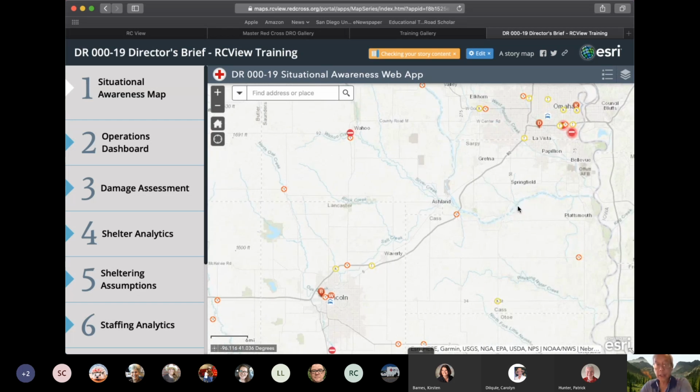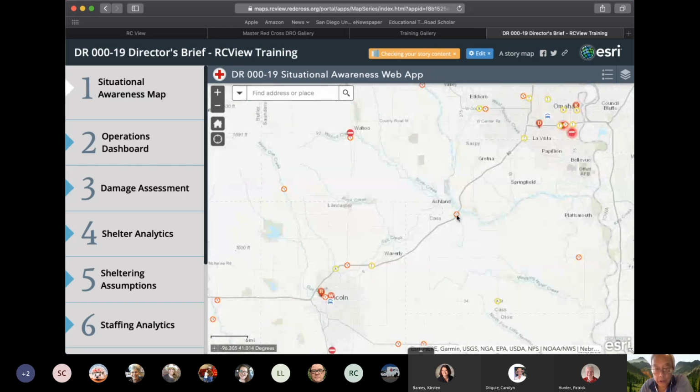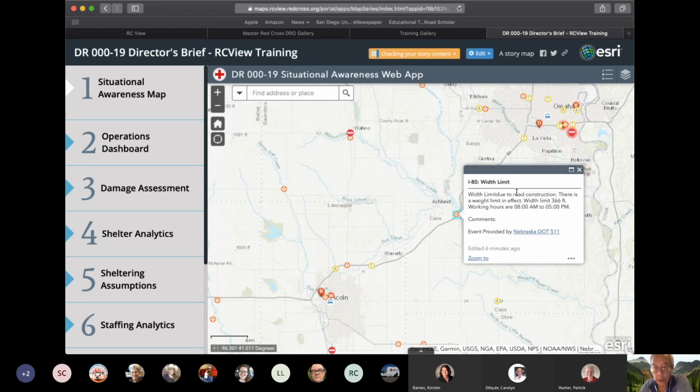Depending upon the state, the Department of Transportation probably has something very typical like this, in which it gives you, typically in real time, road closures. So in this example, I think the scenario was a road closure along here.